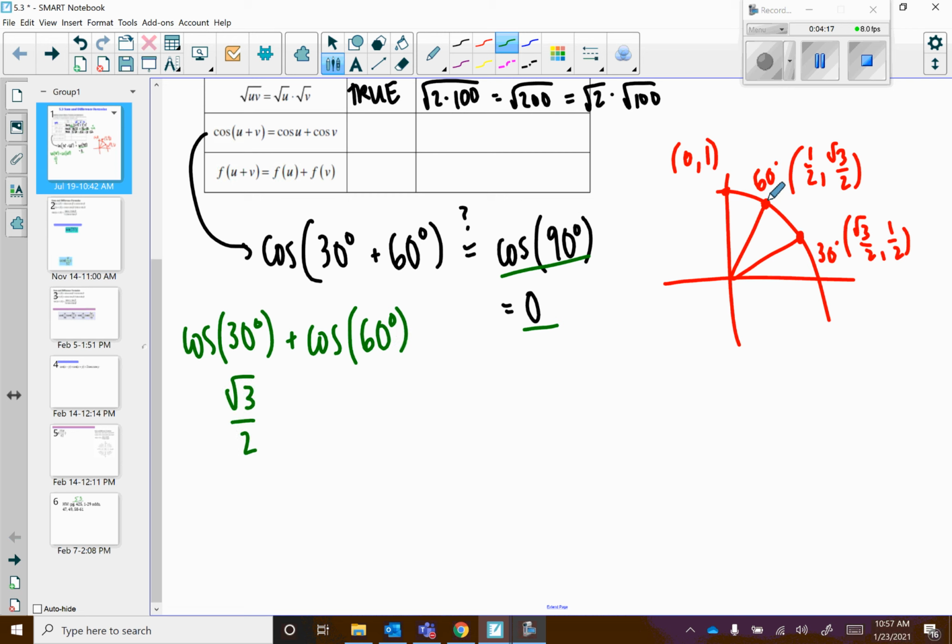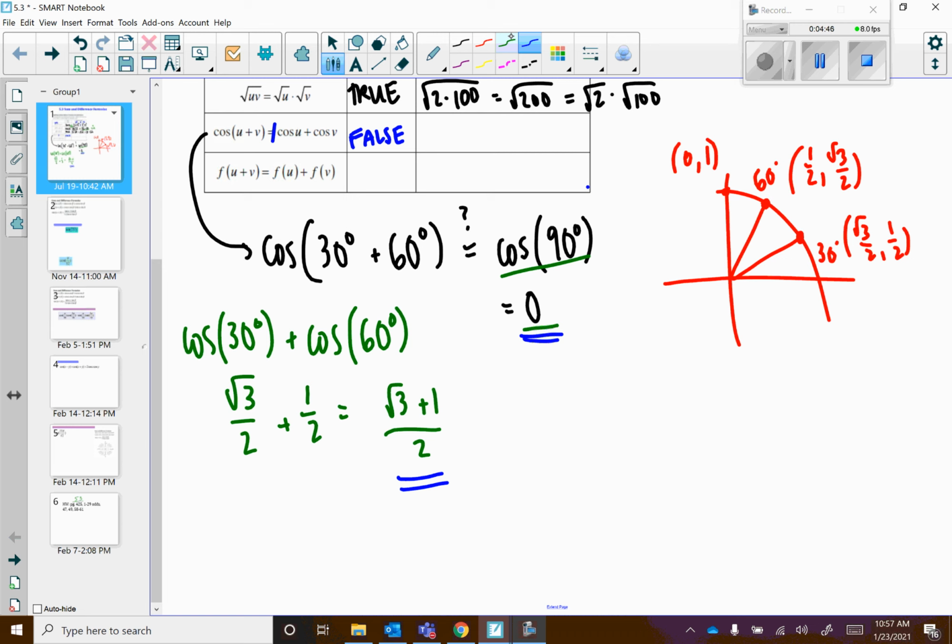Cosine of 60 degrees is 1/2. I can add these fractions because they have a common denominator, but I see that it's equal to the square root of 3 plus 1 all over 2, and that is not the same as 0. So this statement up here is not true. It is false. Which leads us to the properties on our next slide.